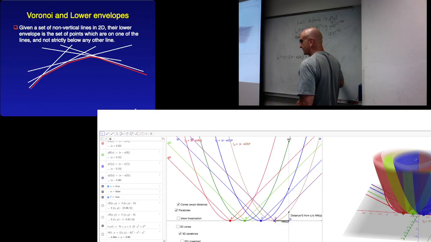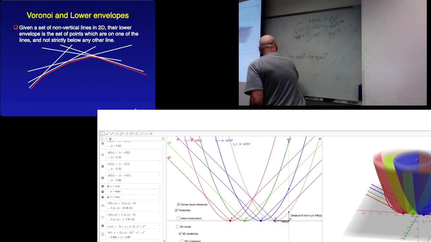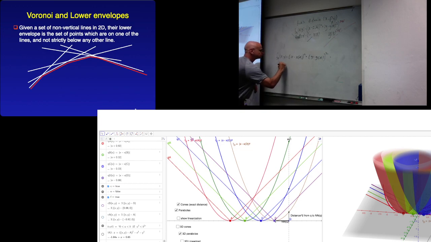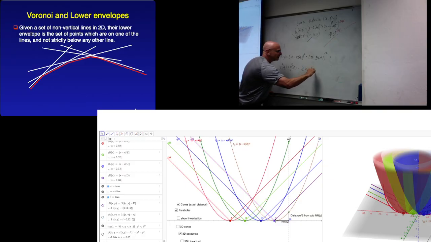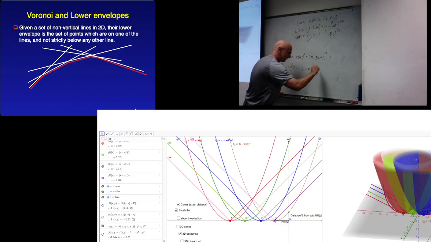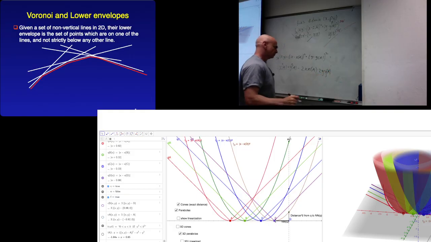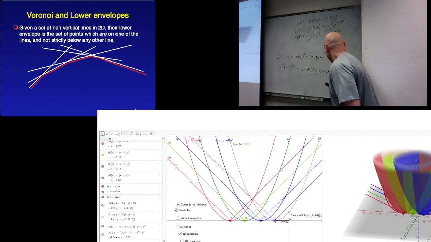Let me write it a bit more explicitly. This equals x_A squared plus y_A squared minus 2x x_A minus 2y y_A plus x squared plus y squared.